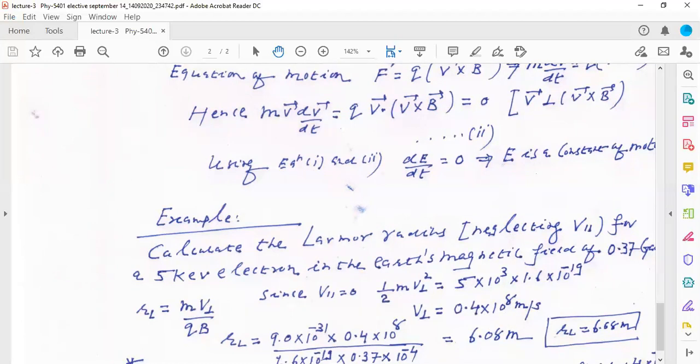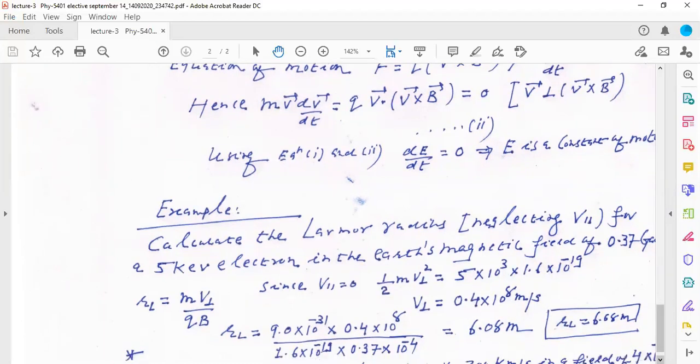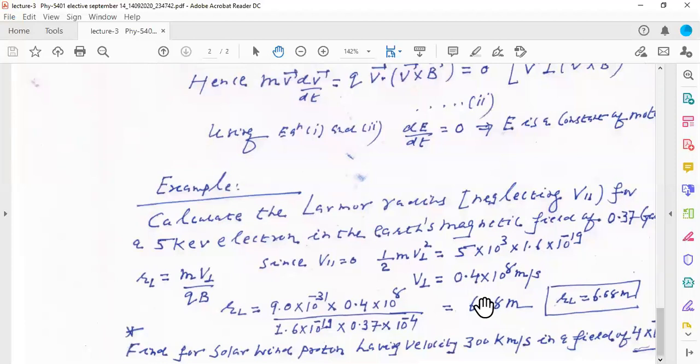And now one can calculate the Larmor radius. The Larmor radius will be equal to m v perpendicular over qB, where m is the mass of the electron, 9 into 10 raised to minus 31, V perpendicular is what we have calculated, 0.4 into 10 raised to 8 meter per second, and q is the magnitude of the charge, 1.6 into 10 raised to minus 19. Magnetic field B is given, that is 0.37 Gauss.